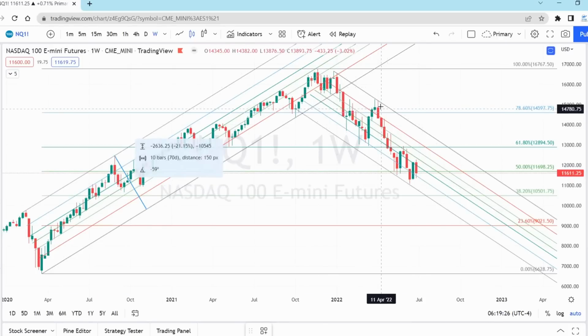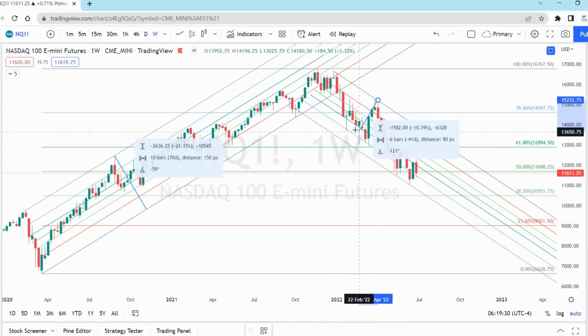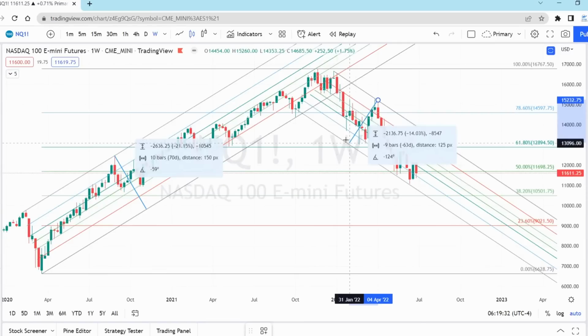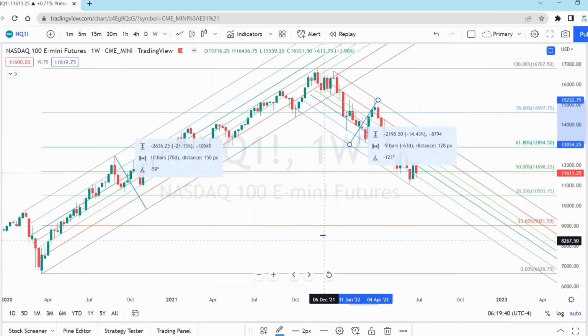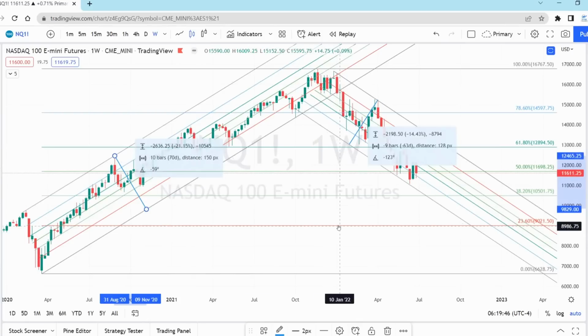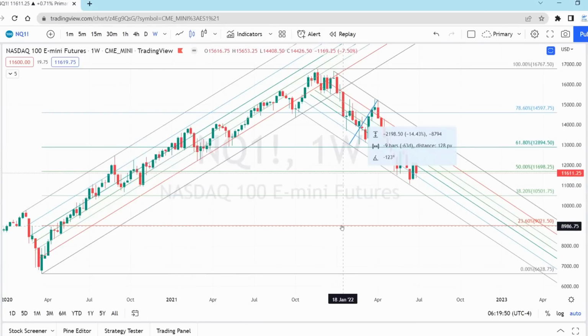And the width of this channel here is, yeah, do a 90 degree. Yeah, that's about 2200 points. 2200 versus 2600. Okay, similar. Similar, not exactly the same, but they're pretty consistent.